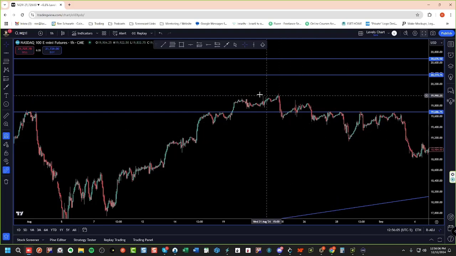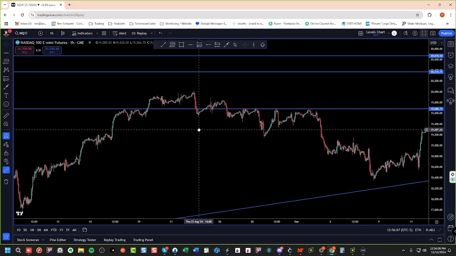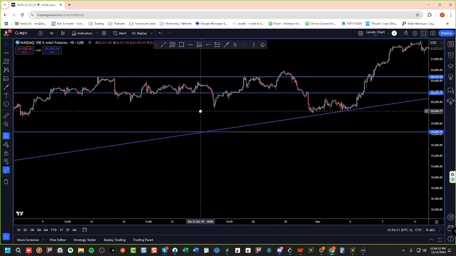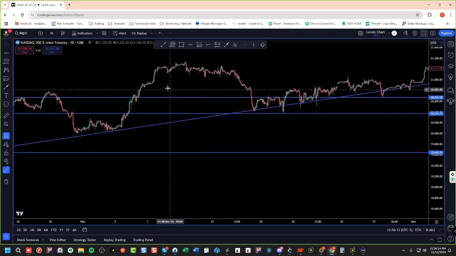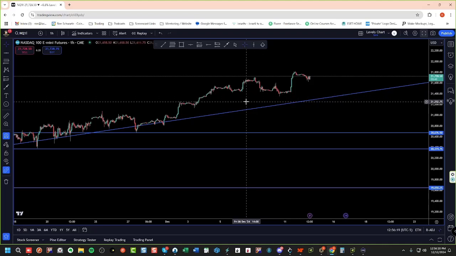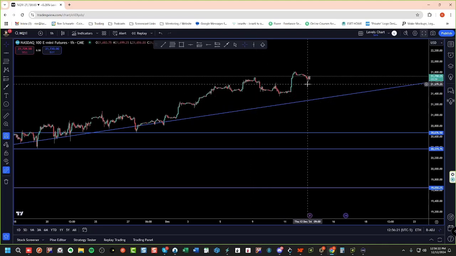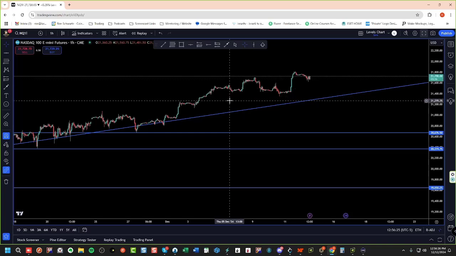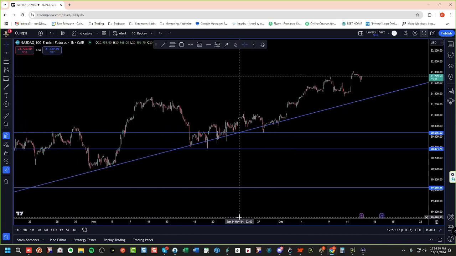Yeah. So that's the 1 hour. And again, we can try to find levels wherever. See here, this is like all-time highs now, so it's going to be really difficult because we haven't been here very long, right?